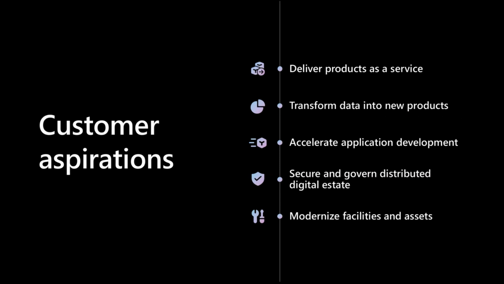These needs arise from the current market and the competition. For instance, many leaders are excited to evolve their product using an as-a-service business model, or want to use all their data wherever it is, whether on premises, on cloud or somewhere else, and turn it into new products or services.